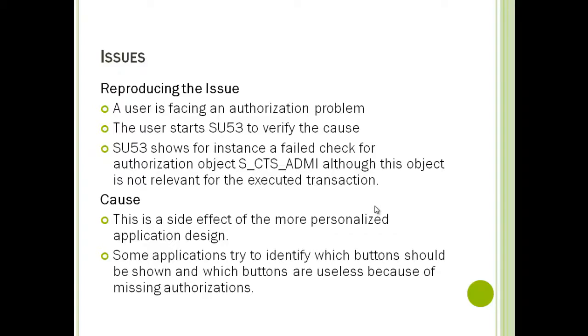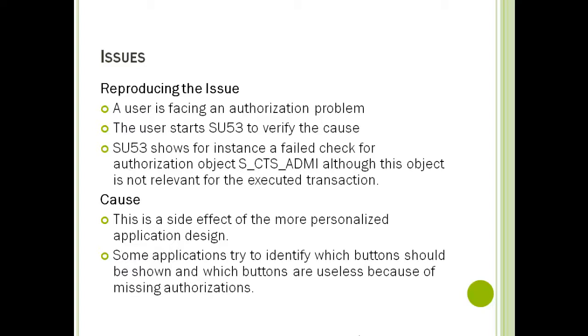Let's say there are a lot of buttons in the specific transaction code or application. During the start of this application, it tries to identify which buttons need to be shown to the user based on the authorization assigned. At that time, it will also check for these authorization objects, which is a standard authorization object check for the maintenance of this particular button.